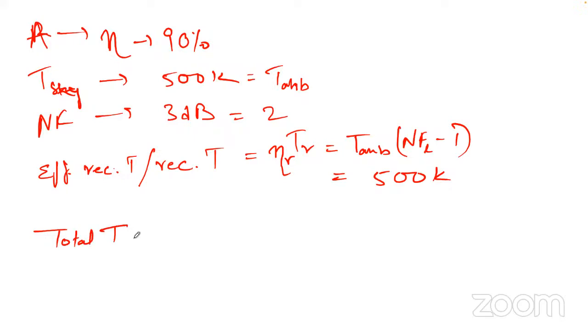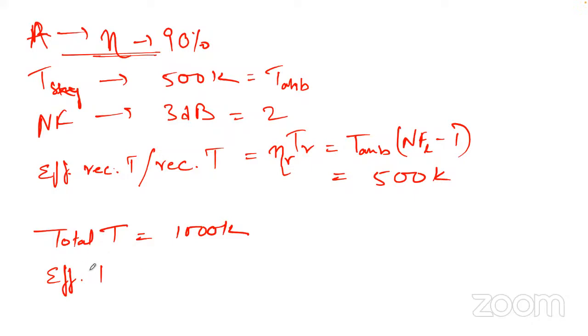Total temperature is the idealistic case where I will just add the T sky to it, which will become 1000 Kelvin, because we have the antenna working with 100% efficiency. An effective term only comes if there is eta in the picture; if there is no eta, you take the efficiency as 1.